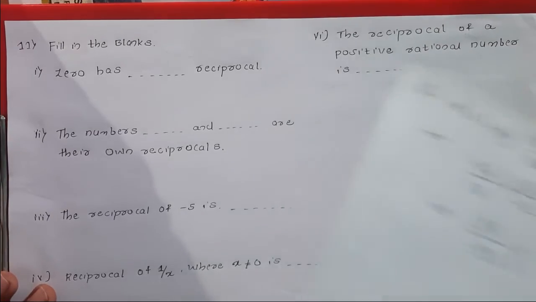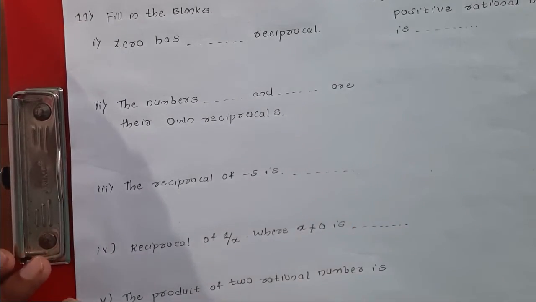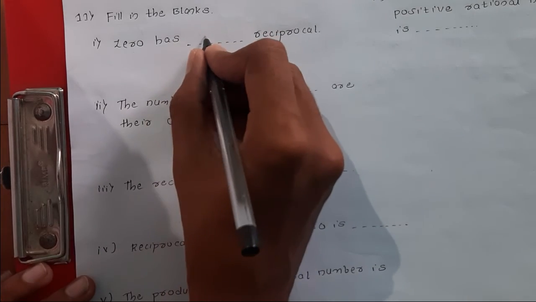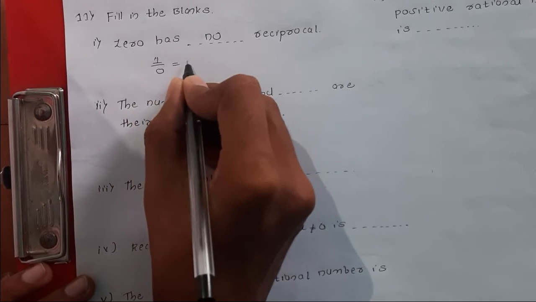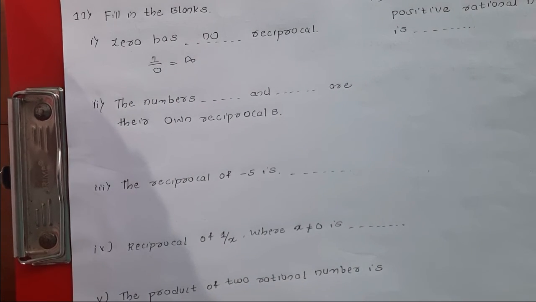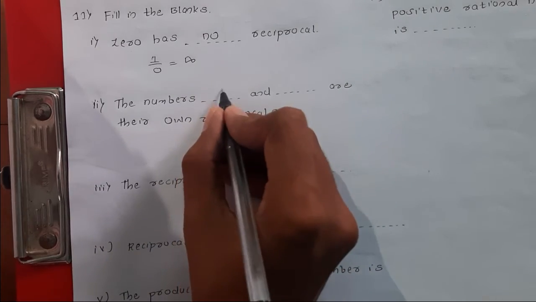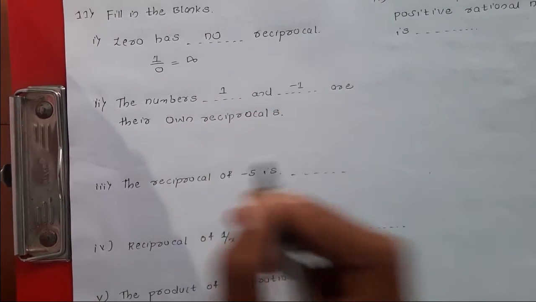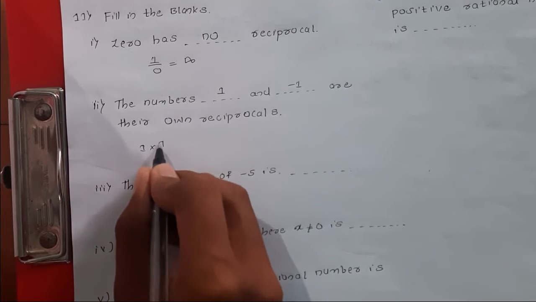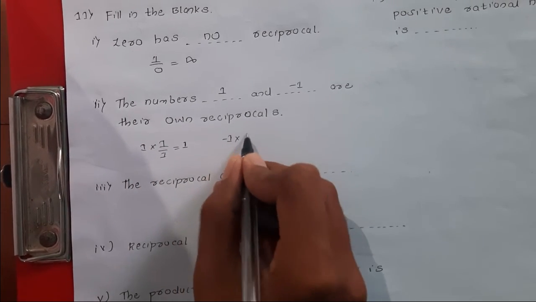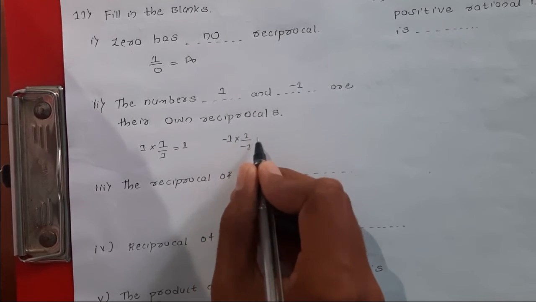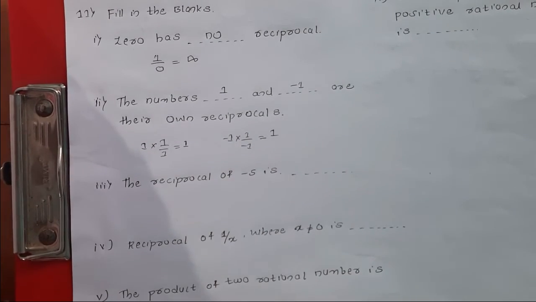Next, fill in the blanks. 0 has no reciprocal, because 1 by 0 leads to infinity. The numbers 1 and minus 1 are their own reciprocals, because the reciprocal of 1 is 1 by 1 equal to 1, and minus 1 reciprocal is 1 by minus 1, minus 1 gets cancelled, equal to 1.